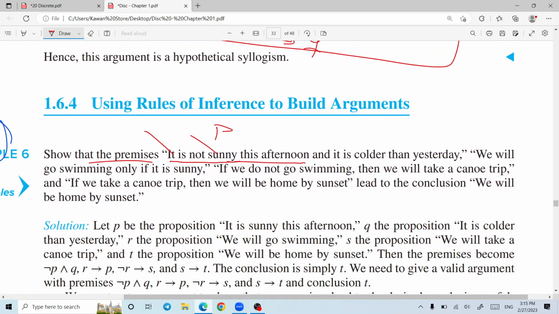Yalla. So read again. Show the premises. Okay. Today is not sunny. In my mind, it's only P. And it's colder than yesterday. Colder, Q. We will swim, R. It's sunny. Now, that one, negation.